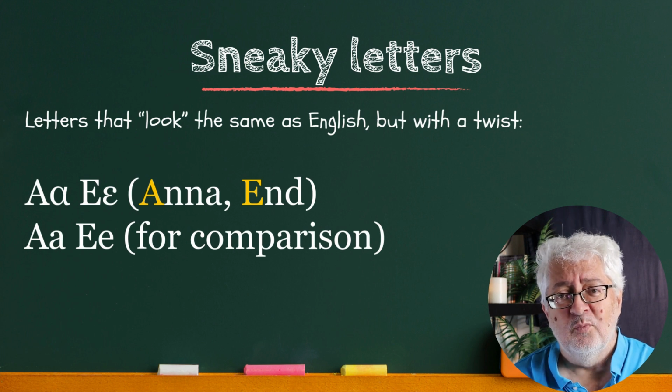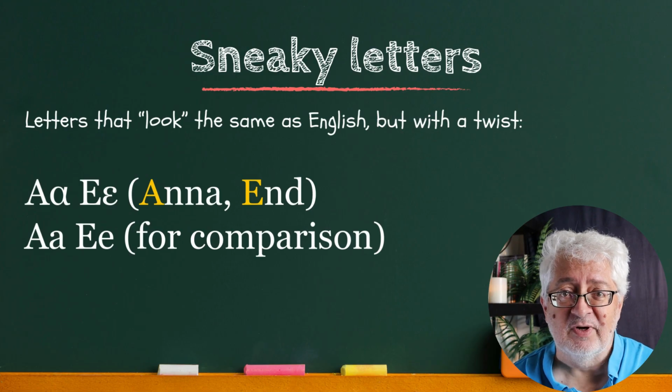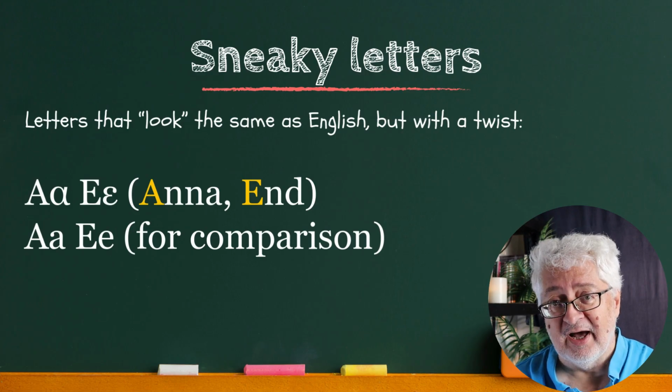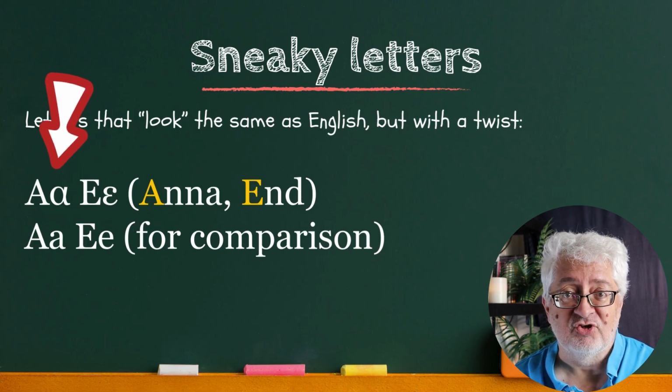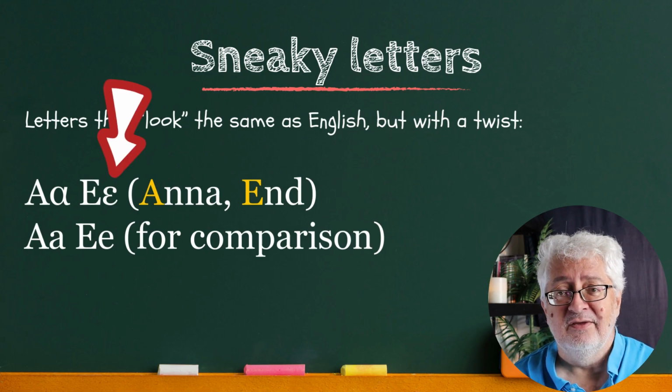Let's begin with two relatively easy ones, the A and the E, we would say in English, or the alpha and the epsilon in Greek, because they are pronounced like that. The alpha, you speak like you say in English, Anna or ascend, and the E you pronounce like in English, end.